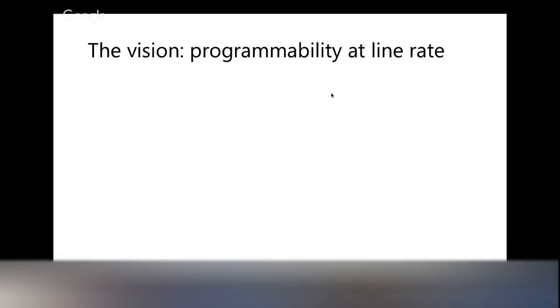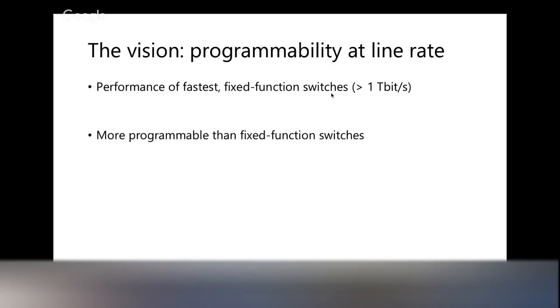So the vision for much of my work is whether we can have the best of both worlds. Can we have the performance of the fastest fixed function switches that are built out of dedicated silicon today, but at the same time, make them much more programmable than the fixed function nature of these devices today? And I'm talking about programmability that far exceeds OpenFlow or software-defined networking. OpenFlow allows you to program the control plane of the switch by moving it out of the switch and onto a server.